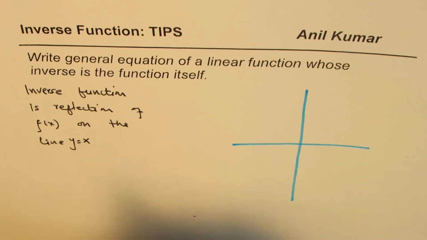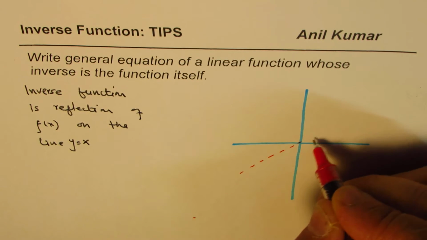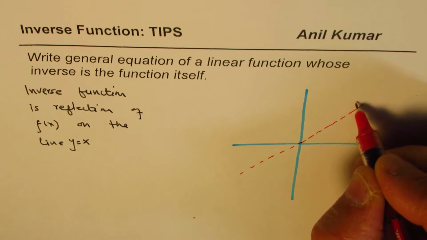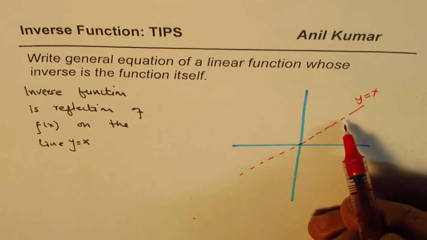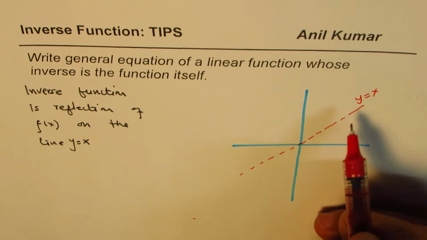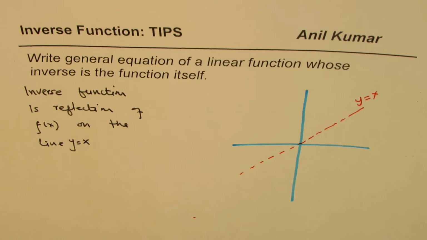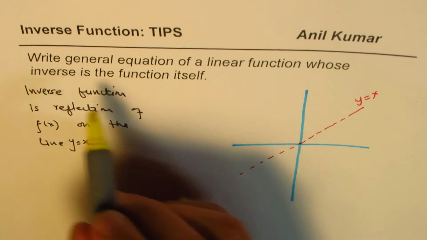Let me write y equals x, right? So if you have to sketch an inverse function from the graph, what we really do is draw the line y equals x, and any line is reflected on that line to get the inverse. Now the idea is to draw a line which is the inverse of itself.